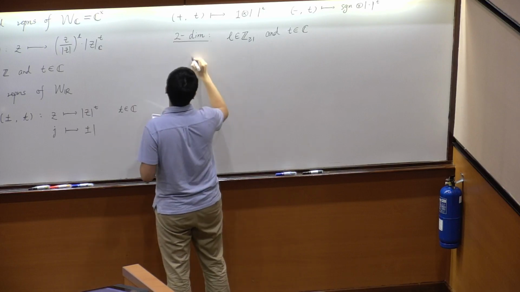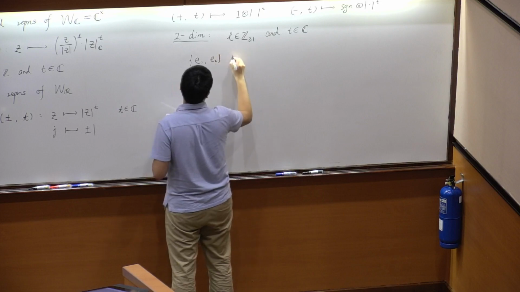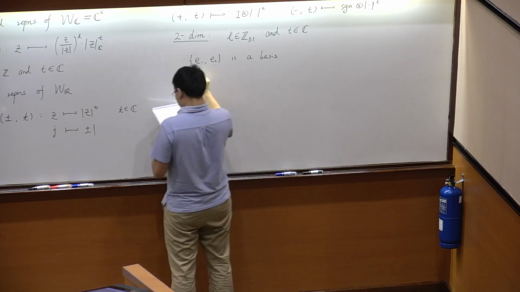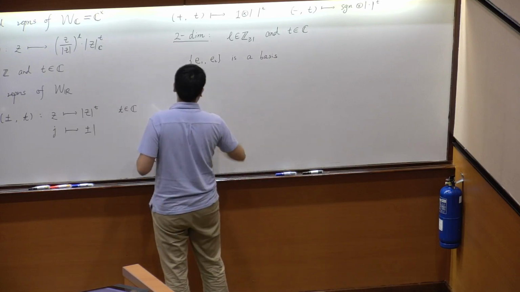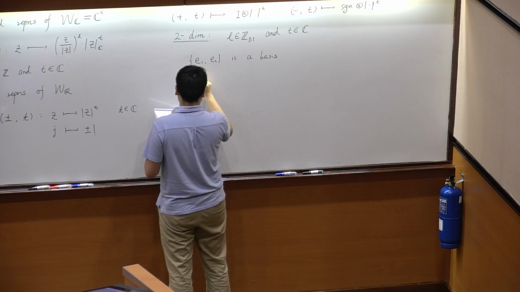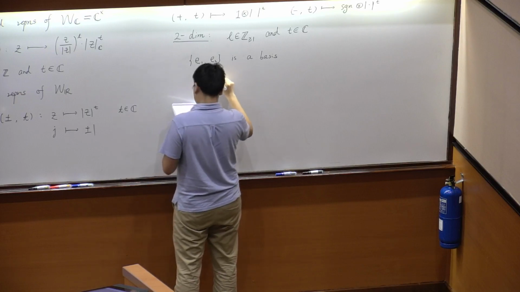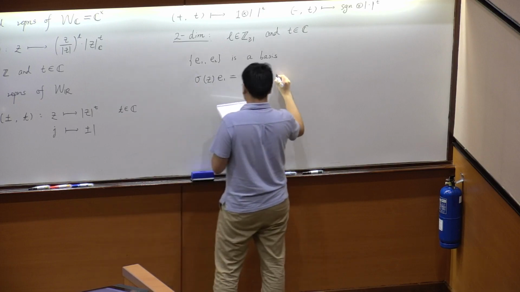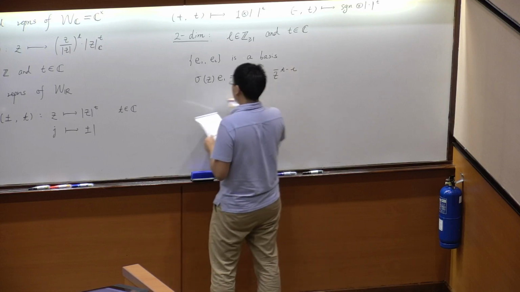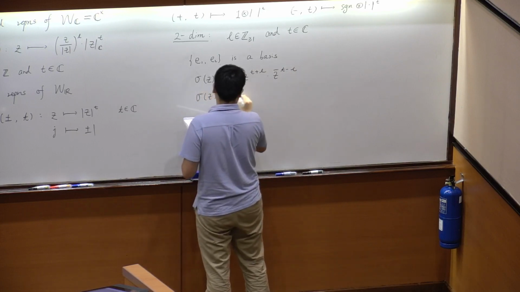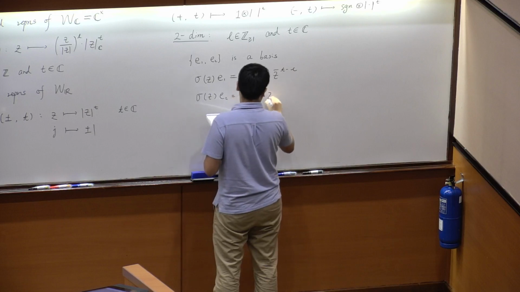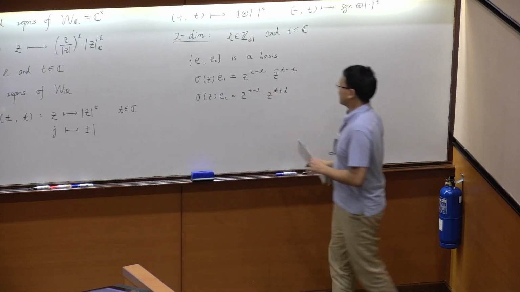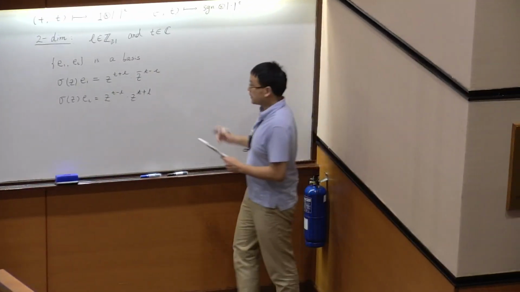So let's assume this representation has a basis. And the representation acting on this basis is given by the following. And also we have the J part.